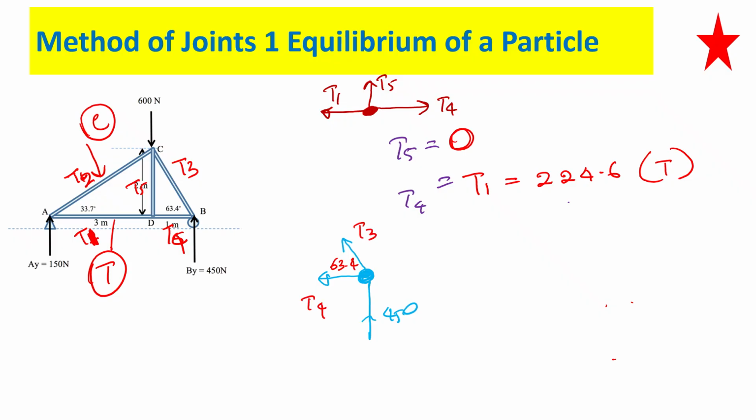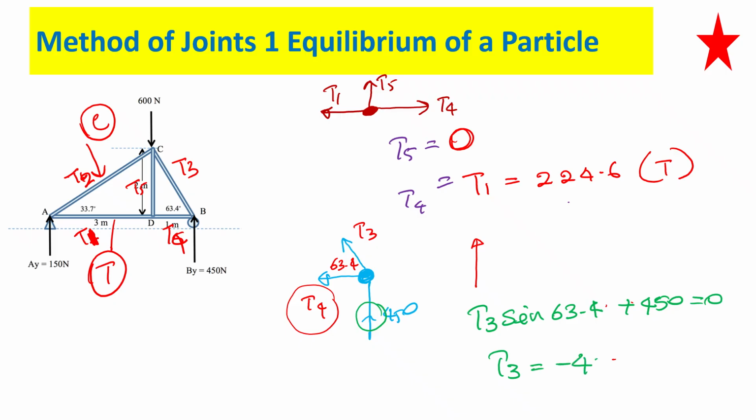Am I right? So we already found T4. If we consider the forces in the upward direction, we can find T3. What is the component of T3 upward? T3 sine 63.4 plus 450, because both are upward, is 0. So T3 is negative 450 divided by sine 63.4.